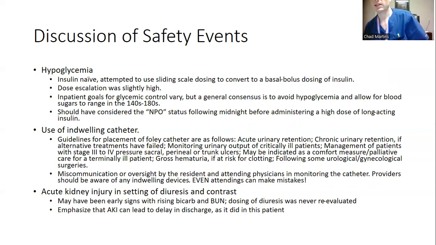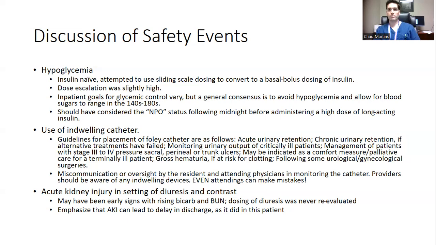But this could identify system level opportunities to maybe trigger providers to not go up so high, or maybe have pharmacy take over the adjustment of insulin, because a lot of times I feel like they could do a better job than we do.